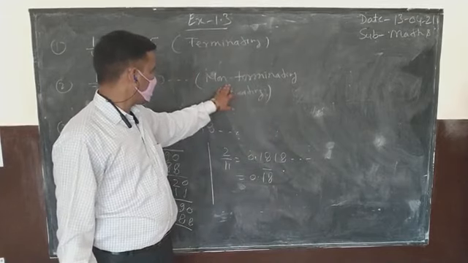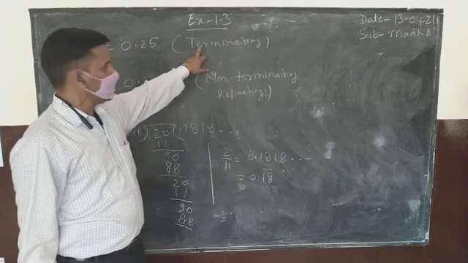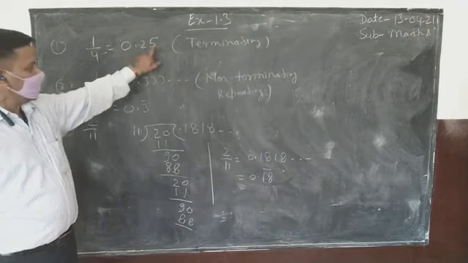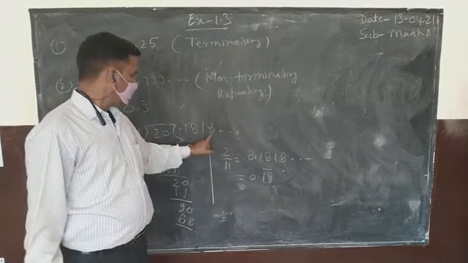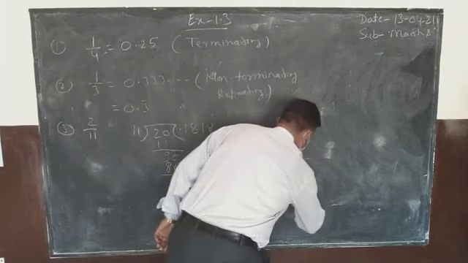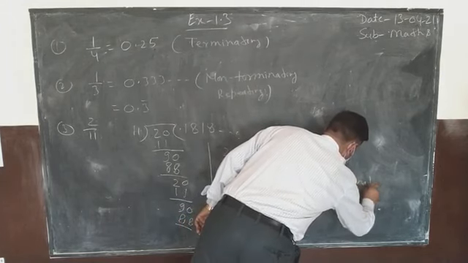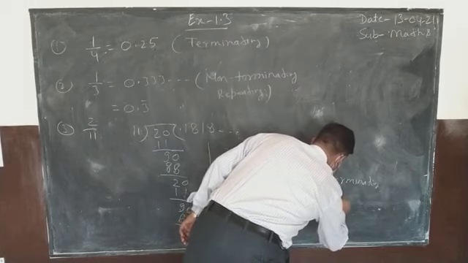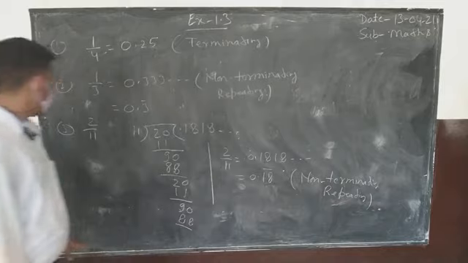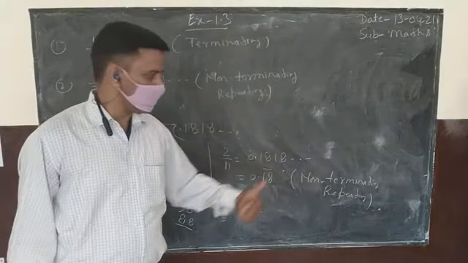This number is non-terminating repeating, while this one is terminating, because it does not repeat and ends at the digit 5. Where there is no end to the digits, you can say the number is non-terminating repeating. In this way, we will solve the question of which number is terminating or non-terminating repeating.